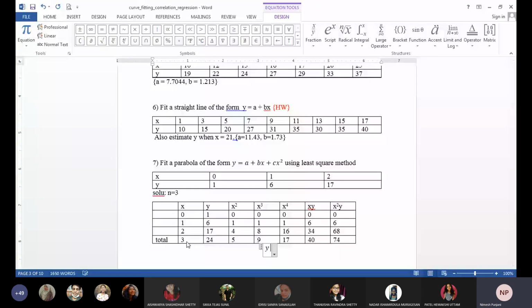y equals a plus bx plus cx square. This is the parabola.